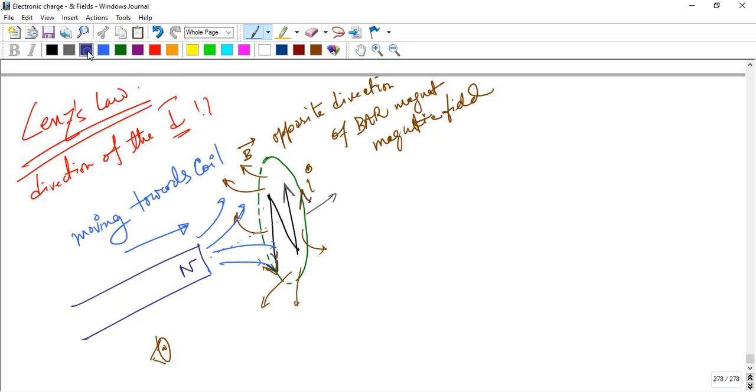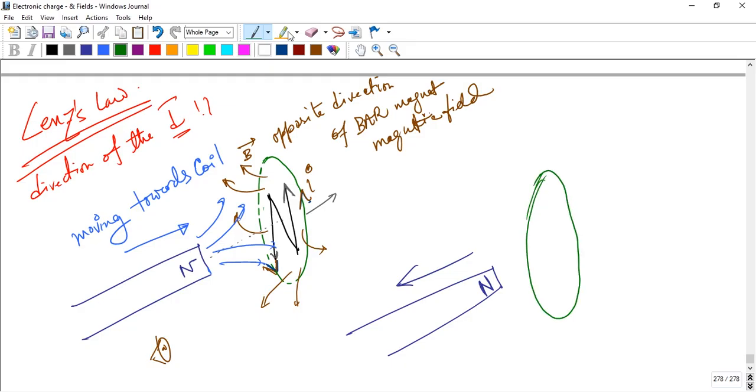Now, if the same bar magnet is moved away from the coil, suppose there is a coil and that's the back view, behind the front.